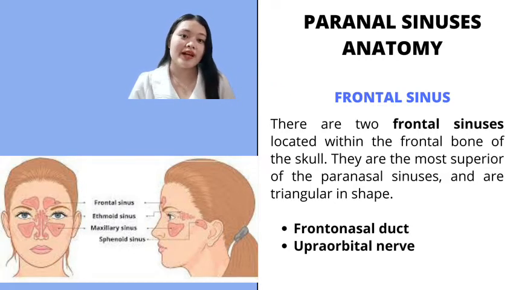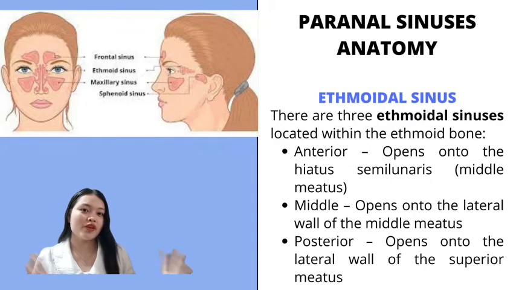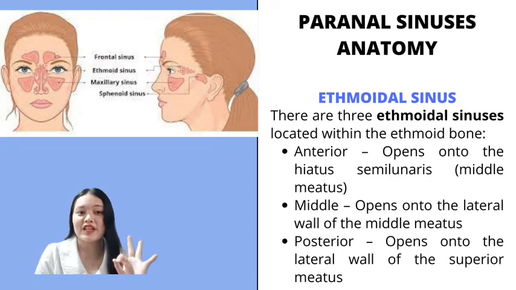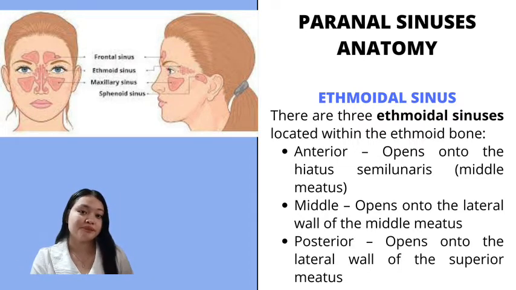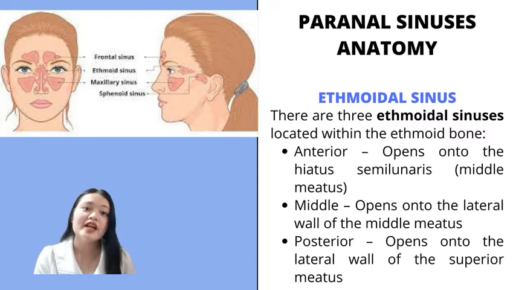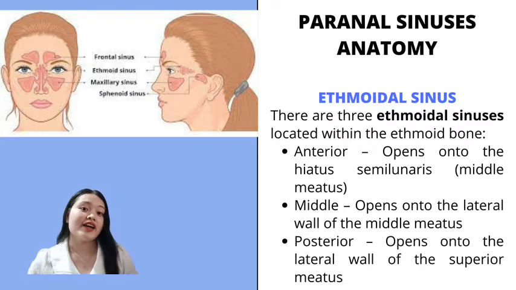Arterial supply is via the anterior ethmoidal artery. It is a branch of the internal carotid. Next are the ethmoidal sinuses. There are 3 ethmoidal sinuses located within the ethmoid bone. First is the anterior. It opens onto the hiatus semilunaris, or the middle meatus.